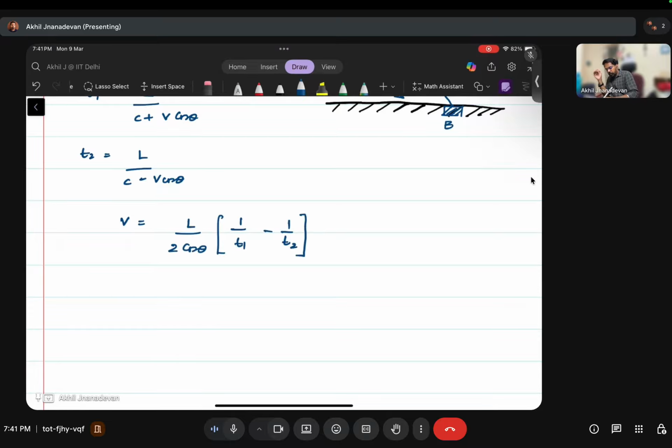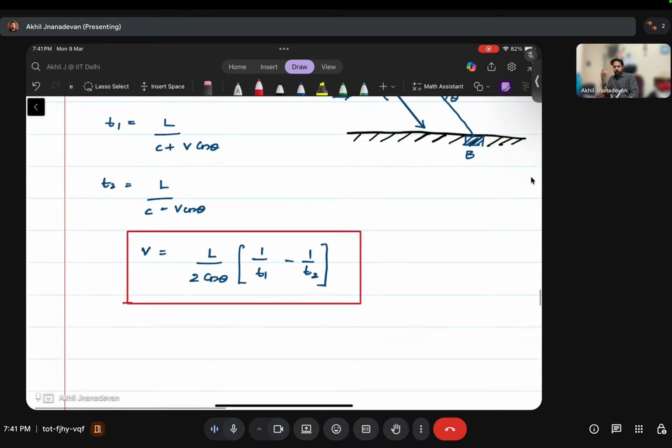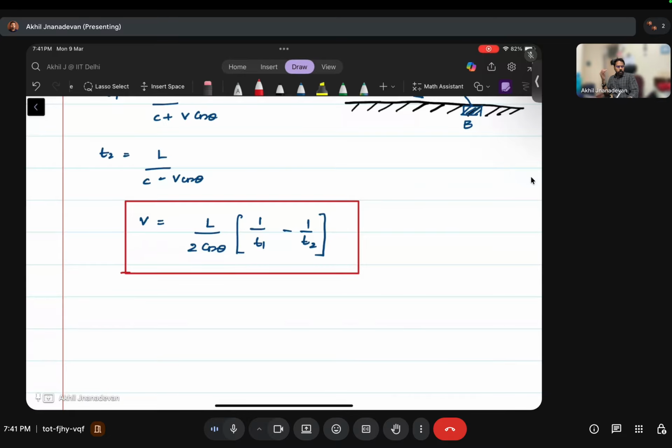This gives an expression for the velocity of flow, given the time taken by the ultrasonic signals to travel from transducer A to transducer B, and also from B to A, and the inclination angle theta. Usually it is 45 degrees, right?